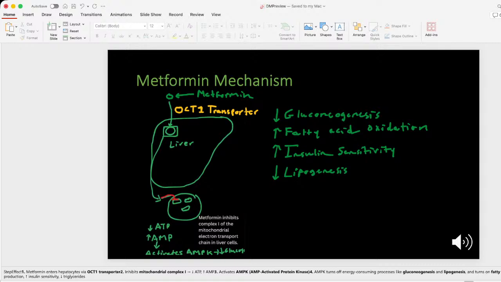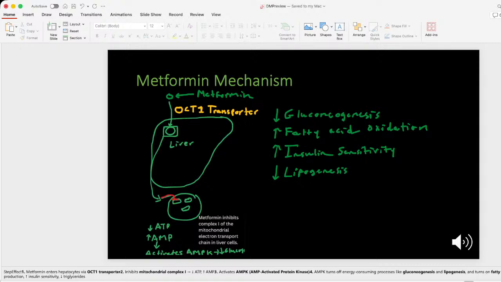Now, sometimes patients have stomach upset when they're taking metformin. It's just a very common side effect, and the body might not be used to this type of medication, especially when it's a new medication, and it might lead to some side effects like GI upset.